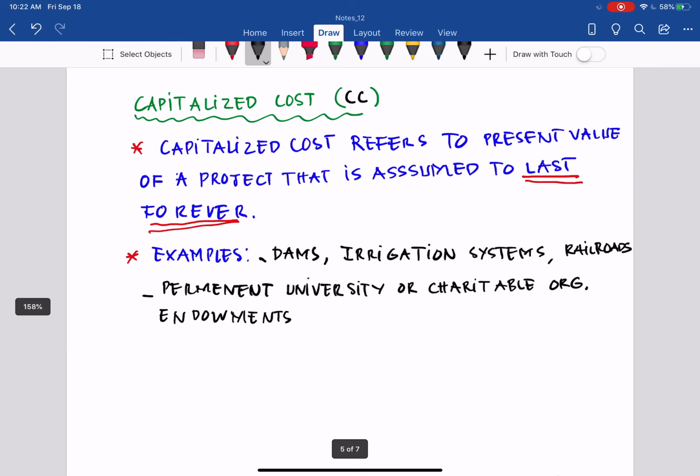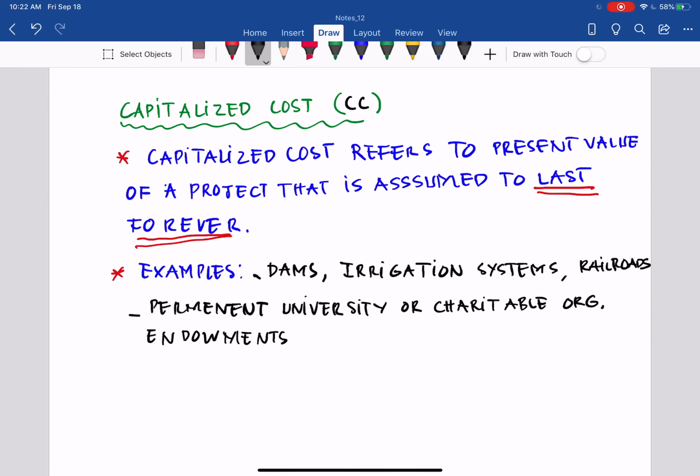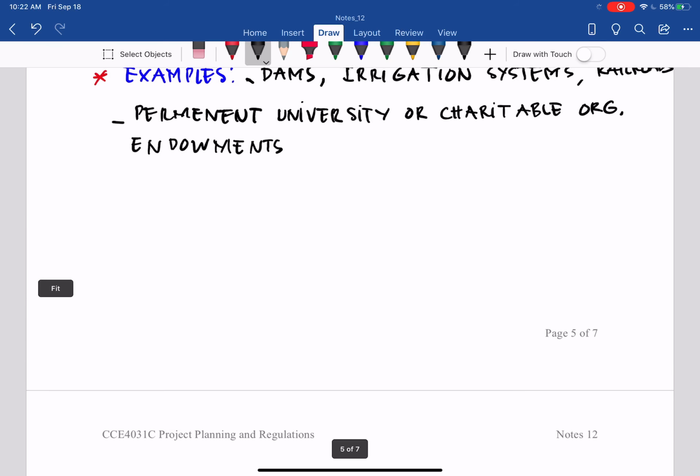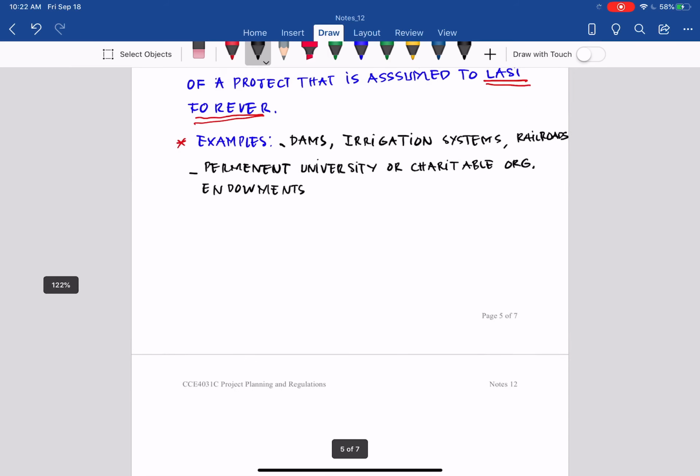So that is the capitalized cost. How can we do this? Let me draw a simple cash flow of the capitalized cost.